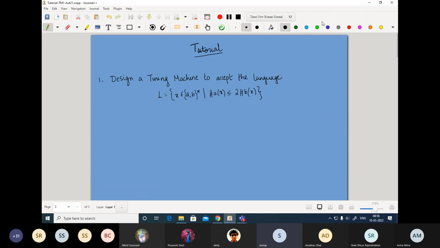Okay, so just very small examples, a few more examples of Turing machine algorithms. The first one: you have to design a Turing machine to accept the language L that includes all strings over {A, B} star, such that the number of A's is at most 2 times the number of B's. So you've seen this exercise in the context of context-free languages. Now, can you design a Turing machine algorithm?